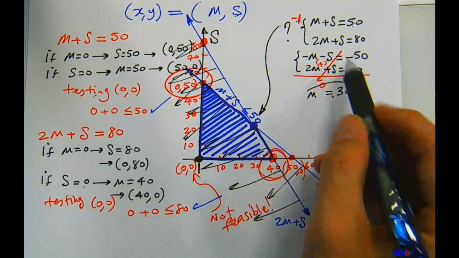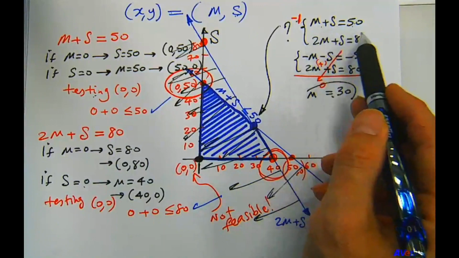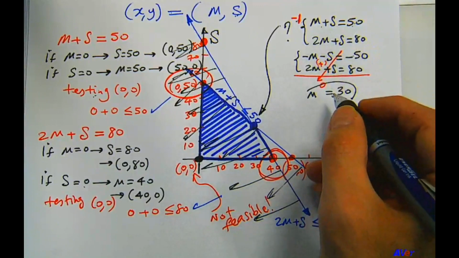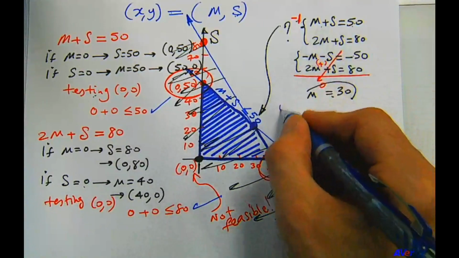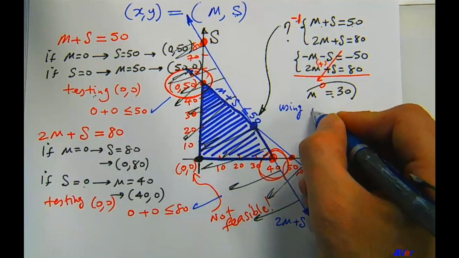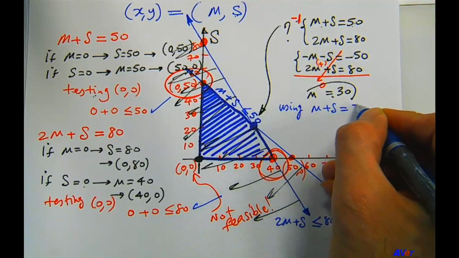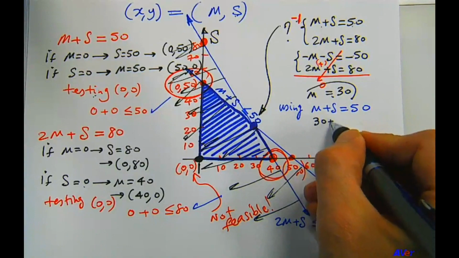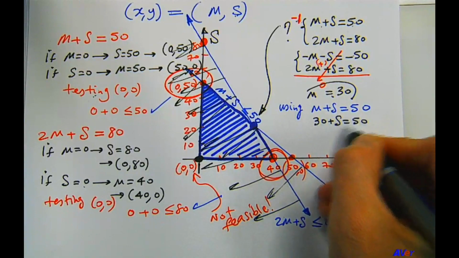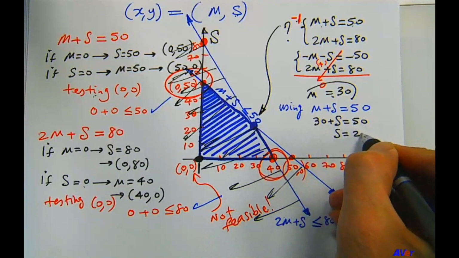Now let's plug this into either one and solve for s. I'm going to use the first equation because it's easier. So using m plus s equals 50, we have 30 plus s equals 50, so s equals 20.